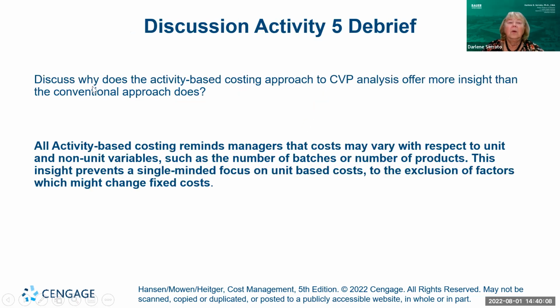So why does activity-based costing approach to CVP offer more insight than the conventional approach? And that is because overhead is not necessarily based on a unit level of activity, which is number of units, direct labor hours, machine hours, direct labor cost, direct materials cost. Those are the unit level activities.